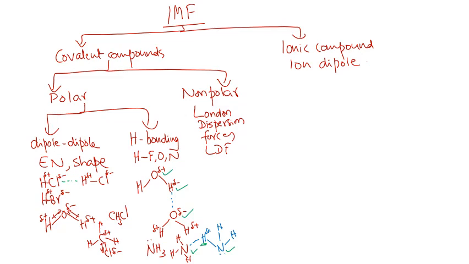And now in LDF, how can you decide which one will form LDF? If it is a non-polar molecule, say for example CH4, it is non-polar. You know that all sides are equal, not like the one we just explained, CH3Cl. In all these sides, because of the shape, the dipole moments cancel and it will not have polarity. So this is going to be non-polar.